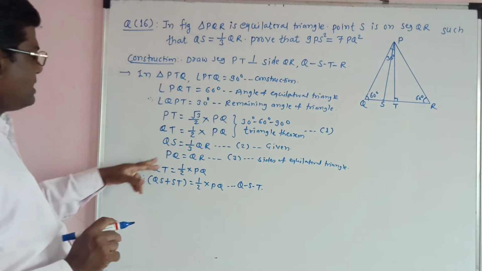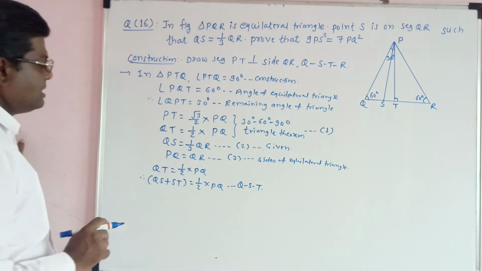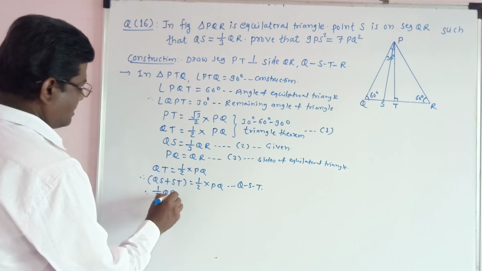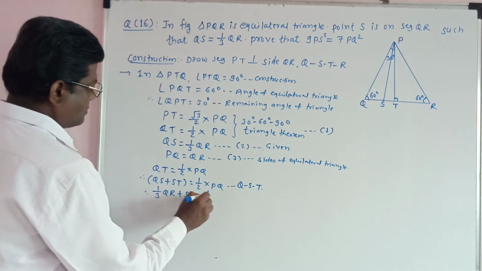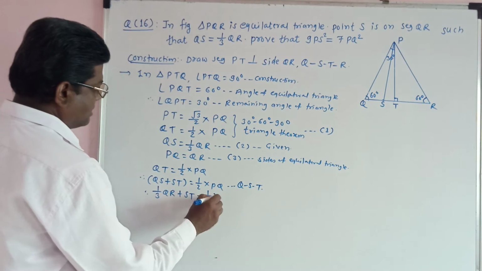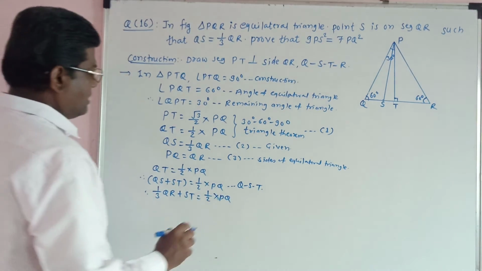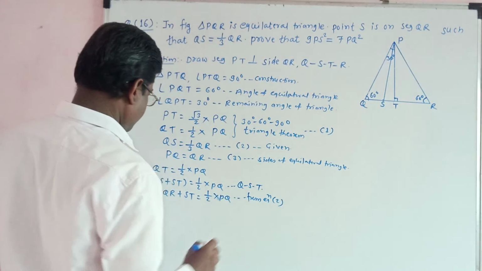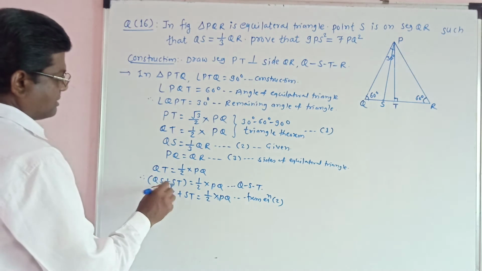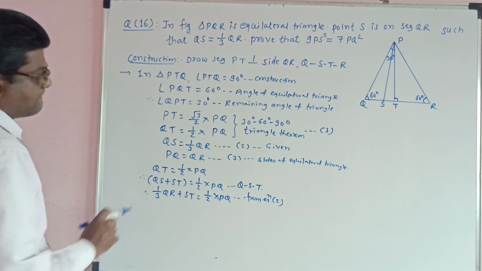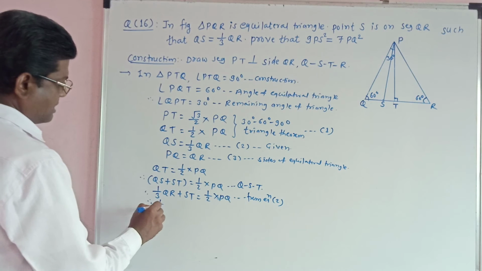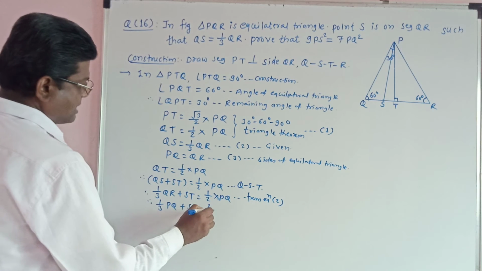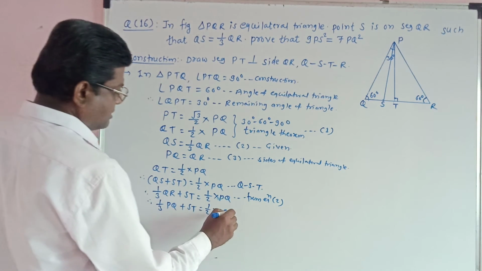Now let's see, QS is equal to 1 upon 3 into QR, so 1 upon 3 into QR plus ST is equal to 1 upon 2 into PQ. This is from equation 2. But QR is equal to PQ, from equation 3. Putting QR equal to PQ, 1 upon 3 into PQ plus ST is equal to 1 upon 2 into PQ.